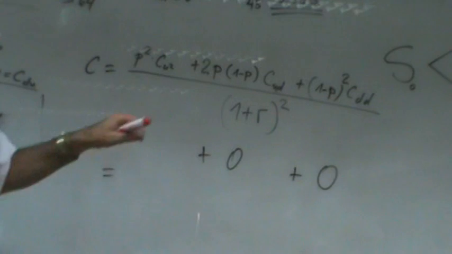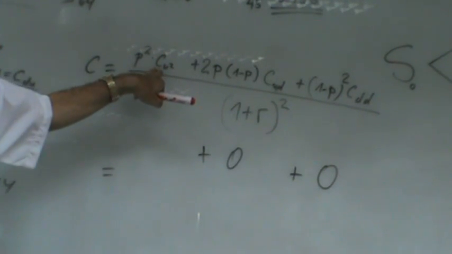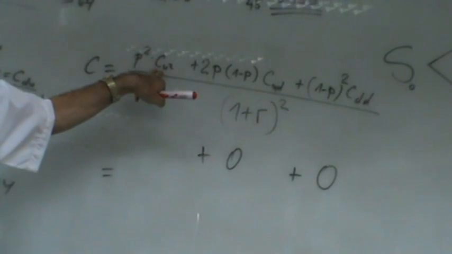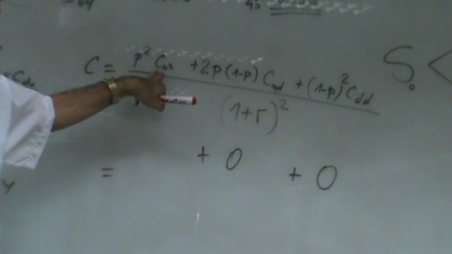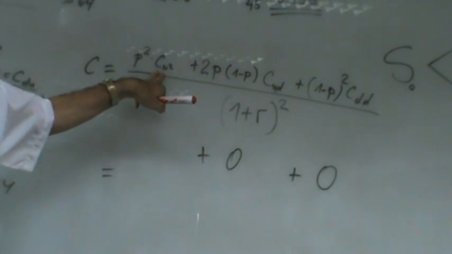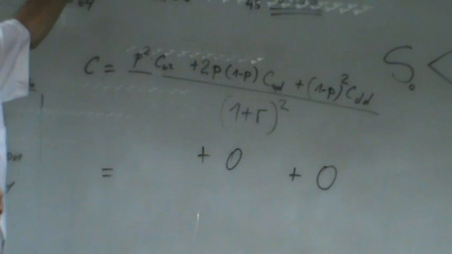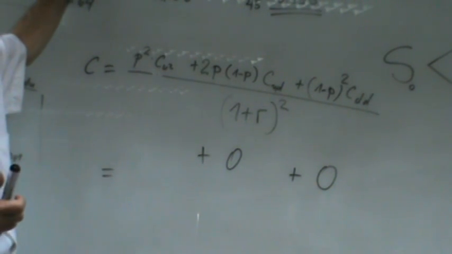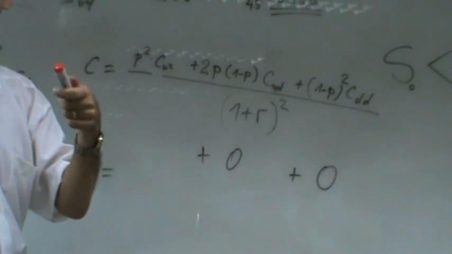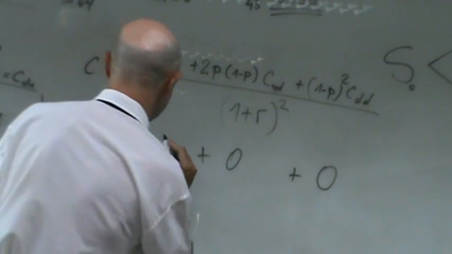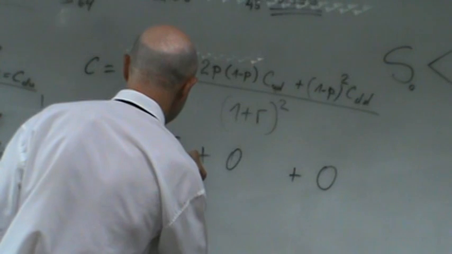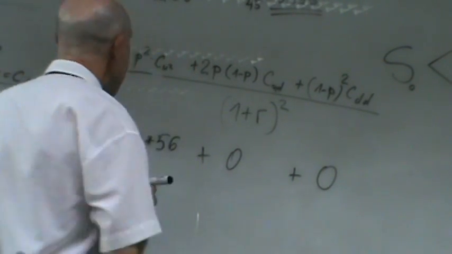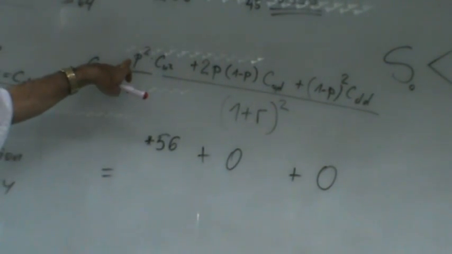So now the question is, what's the value of the call on the up-up move? The price of the stock is 156. The exercise price is 100. So you gain 56. So the value is 56.